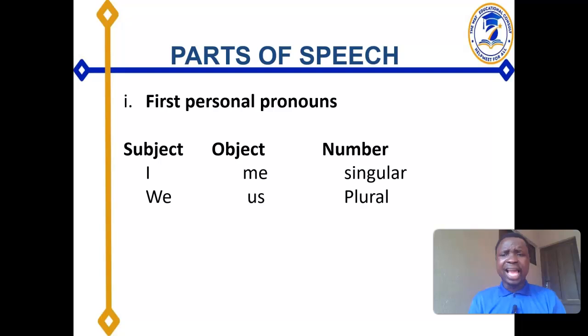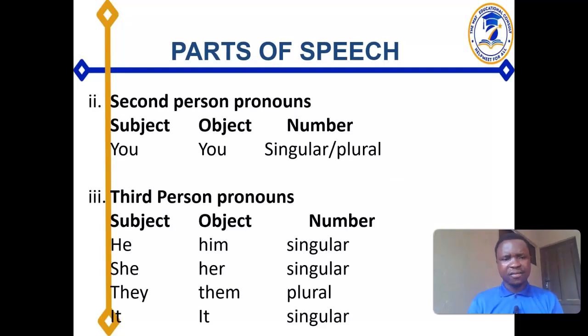So you are going to say I go, I think, I write, I see, not sees. Because though I is singular, it attracts a plural verb when you are using it with what? Lexical or action verbs. I believe you are following me for that. And you know that we is primarily plural and it goes with plural verbs.